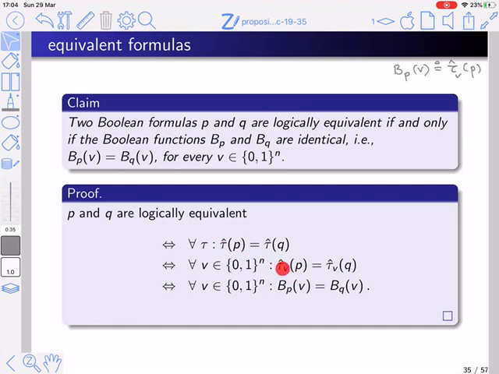That would mean that the truth assignments induced by every binary vector assign the same truth value to P and Q. And again, we can replace tau hat sub v of P by b_P of v, and tau hat sub v of Q by b_Q of v, because by definition, the binary function b_P of v is the evaluation tau hat sub v of P.